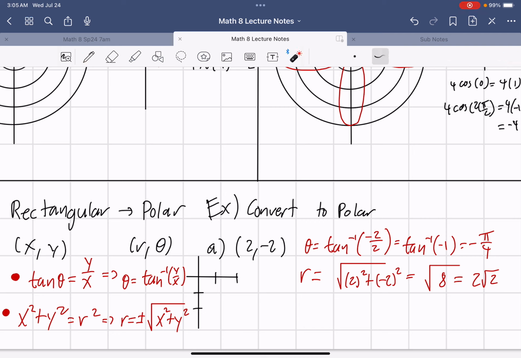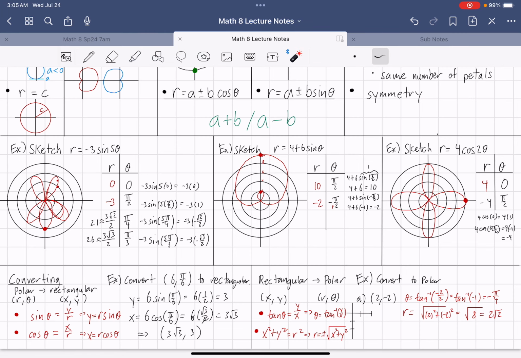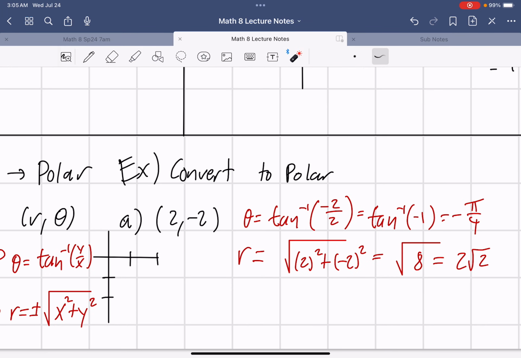Now if you notice, I didn't say plus or minus. And that is because when you're using tangent inverse, it's only looking at quadrants 1 and 4. But a rectangular coordinate can be in quadrant 2 or 3.